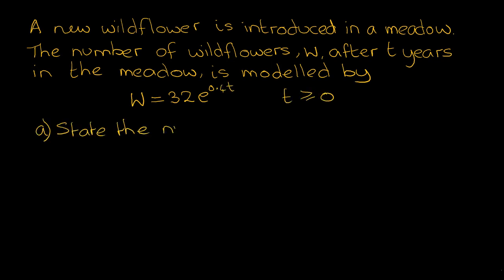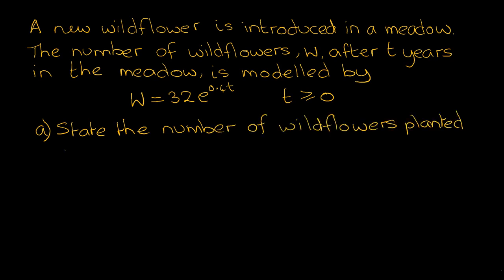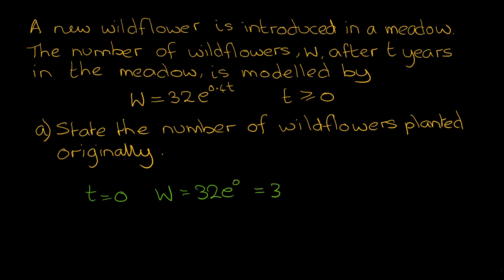A. State the number of wildflowers planted originally. So originally means when the time equals 0. So that would give us W equals 32e^0, which is just 32. So 32 plants originally.